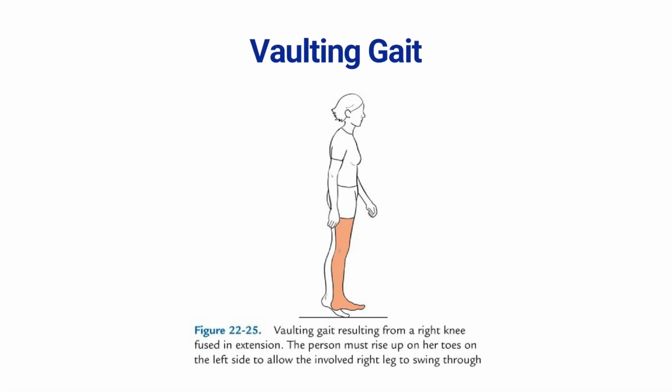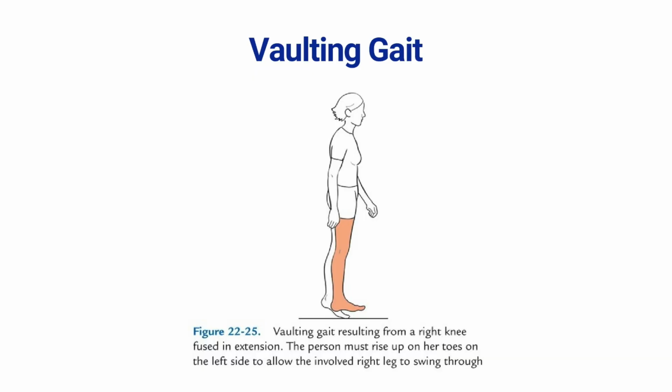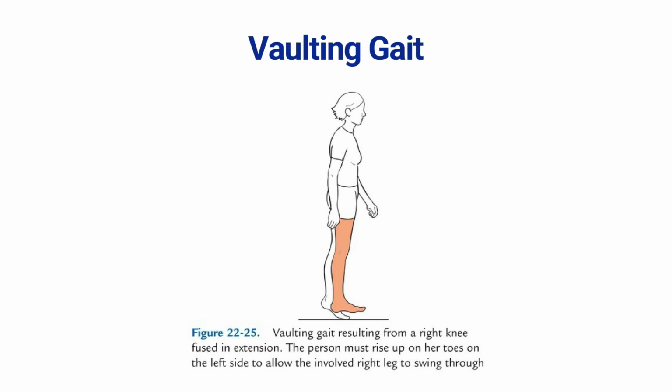Although vaulting can help to prevent tripping, the same energy expenditure takes place, and it gives additional stress on the calf muscle or ankle of the stance limb. Over time this may lead to fatigue, calf pain, or secondary musculoskeletal problems.